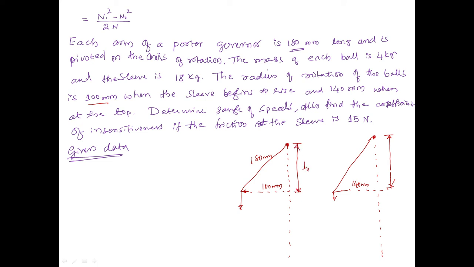Let us take this as H1 and this as H2. This is 180 mm. Two positions, R1 equal to 100 and R2 equal to 140.